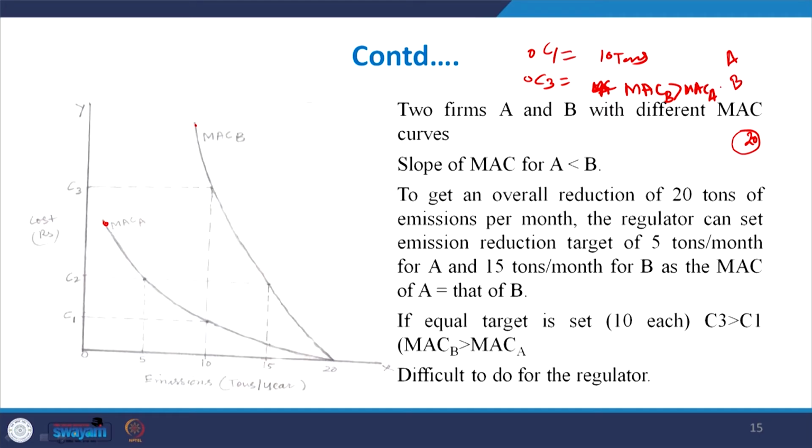This clearly shows that the equi-marginal principle is not applied, and that is not an effective mechanism of allocating the emissions between the two firms.